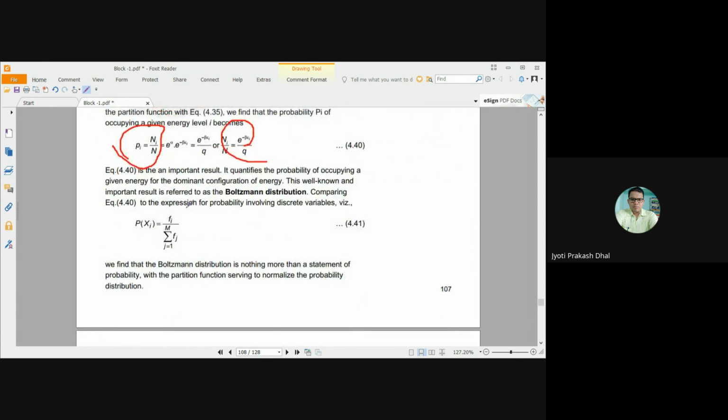So this equation 40 is an important result. It quantifies the probability of occupying a given energy level of the dominant configuration. This well known and important result is referred to as the Boltzmann distribution.